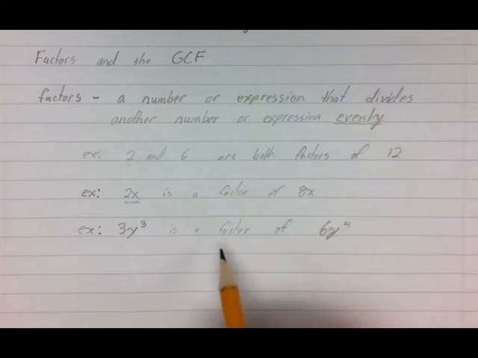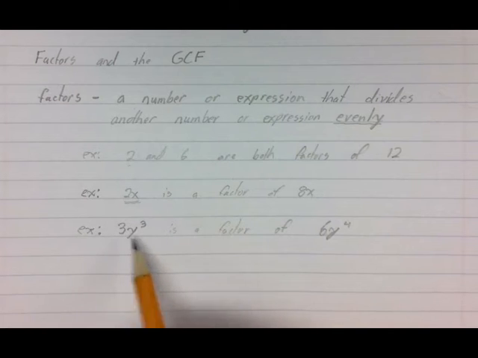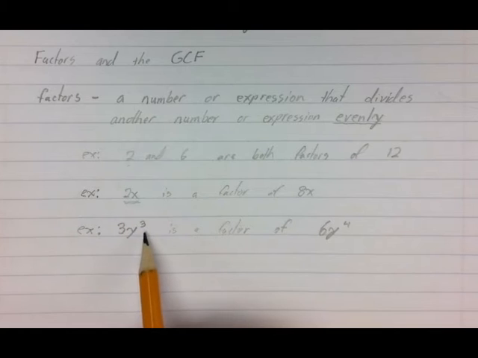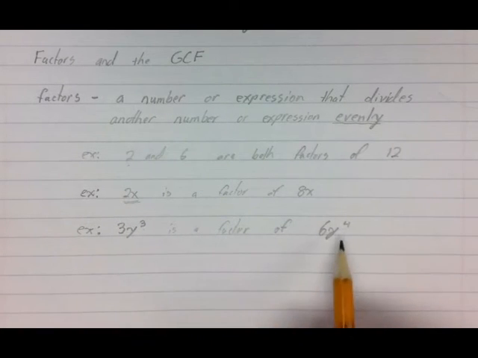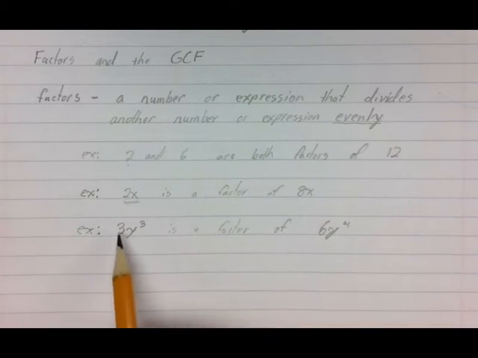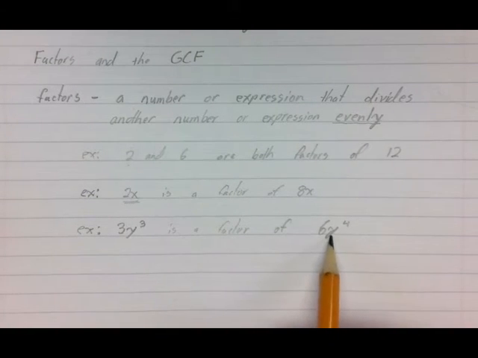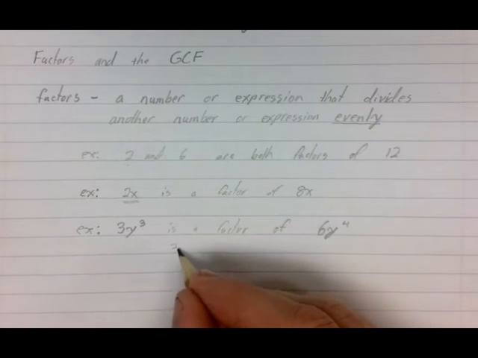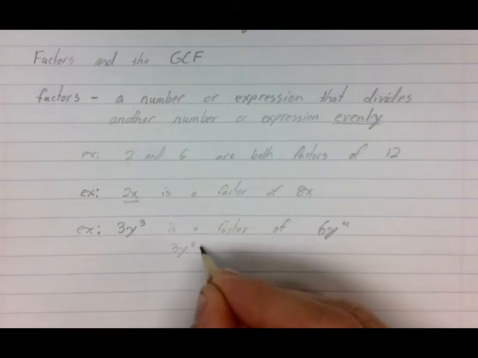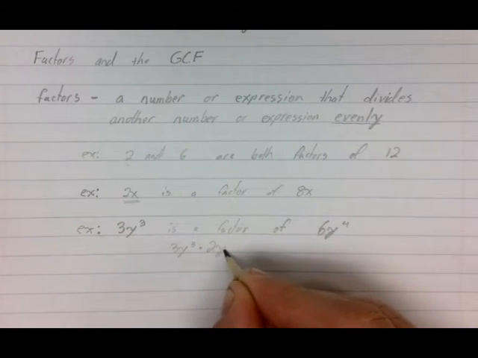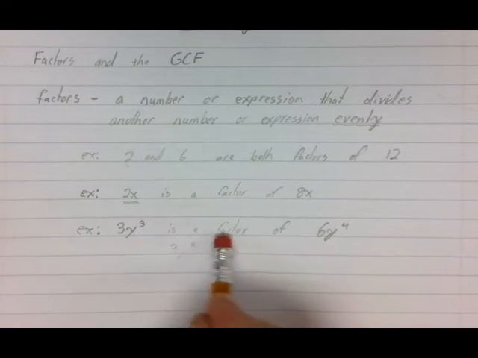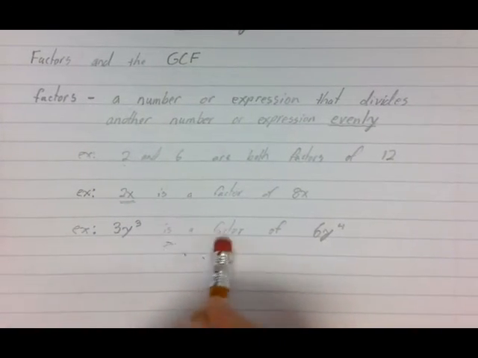Well, the exponents don't have to be factors of each other. 3 is a factor of 6, right? And actually, any smaller exponent will work because I can multiply this by a variable to get y to the fourth. If I take 3y to the third times 2y, I will get this. Okay? So the exponents, you're not multiplying the exponents. You're adding them.